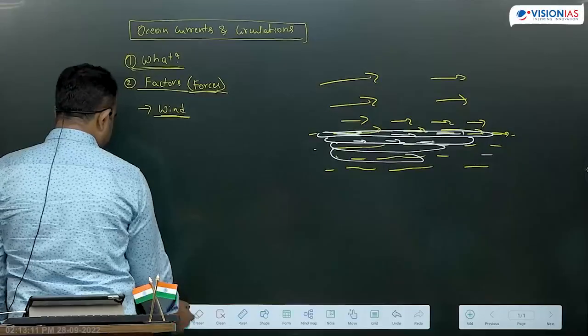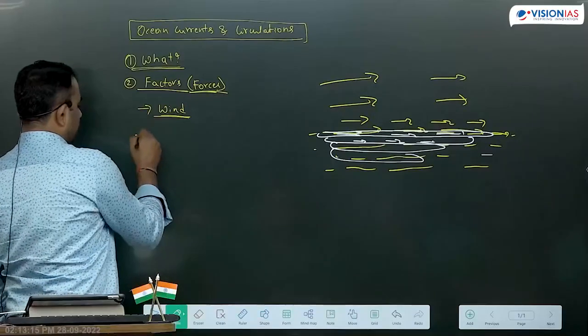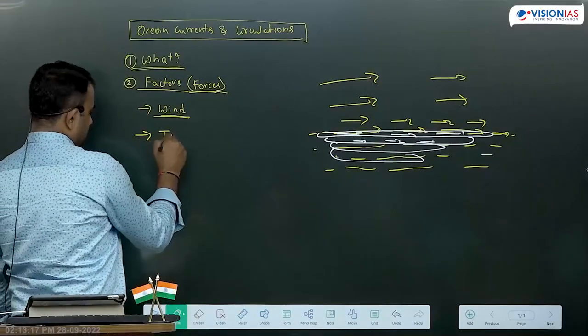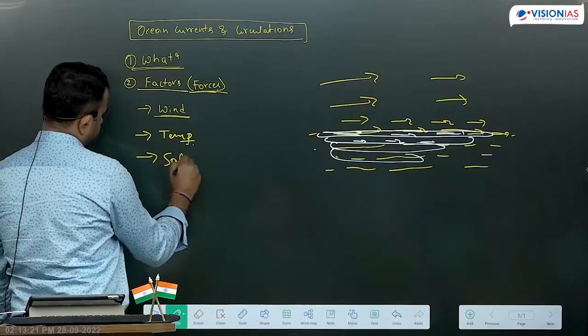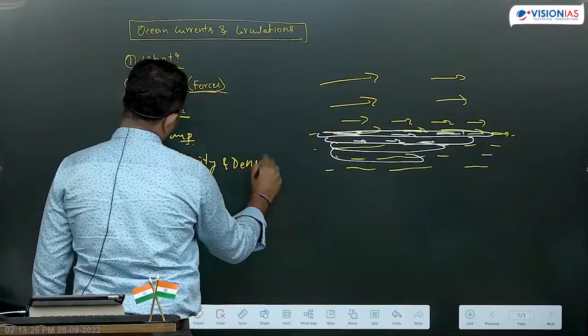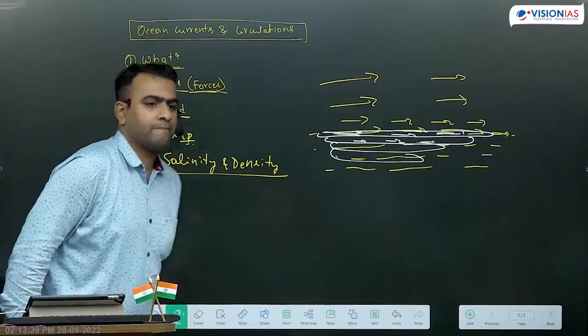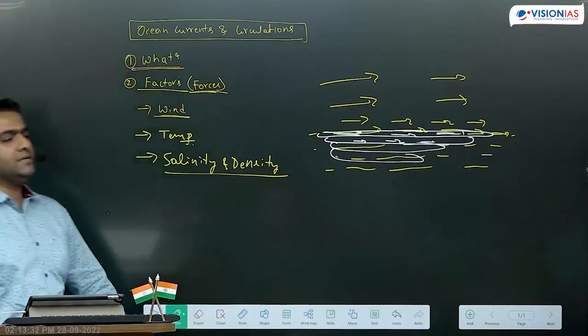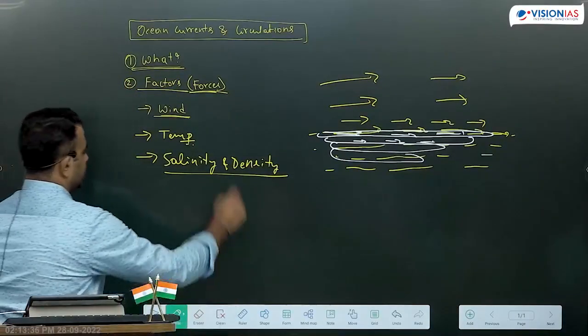Once the wind is setting the ocean water in motion, then come other factors: temperature, salinity and density. How will temperature, salinity and density cause this?